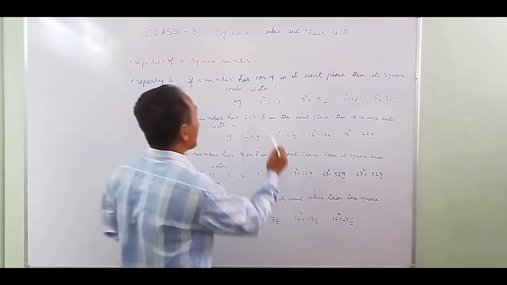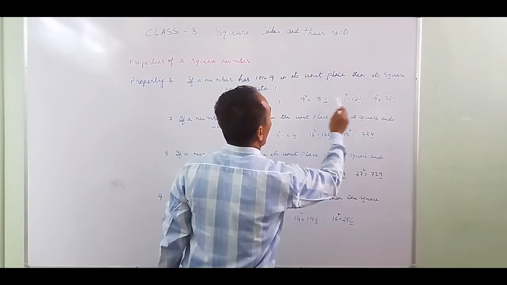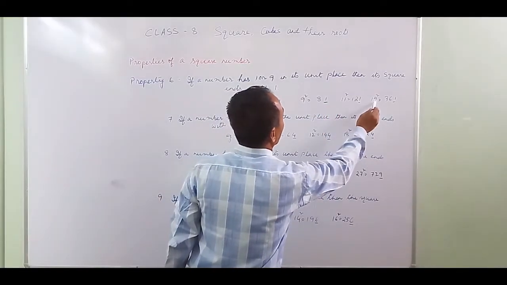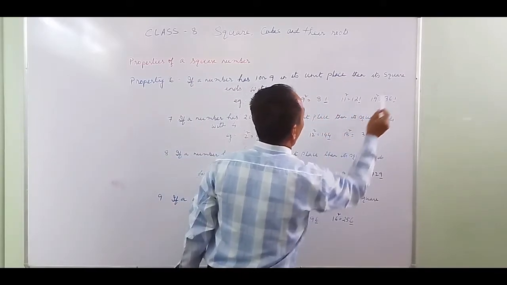Whether the unit place is 1 or 9, the square ends with 1.